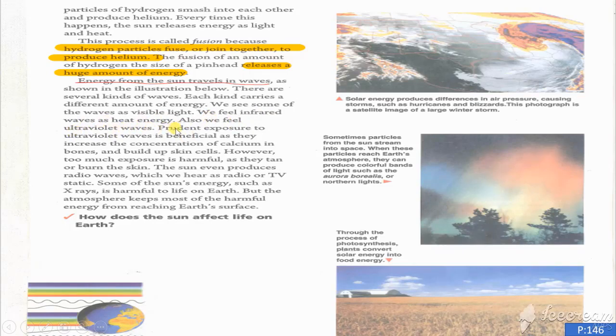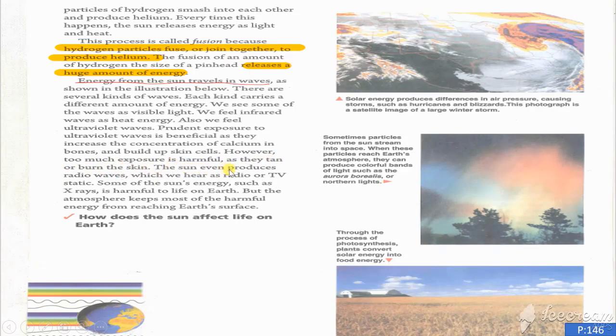Ultraviolet waves. Exposure to ultraviolet waves is beneficial as they increase the concentration of calcium in bones and build up skin cells. However, too much exposure is harmful as it can burn the skin.